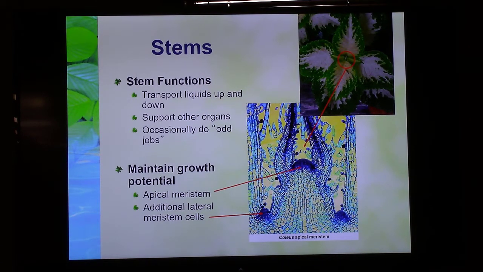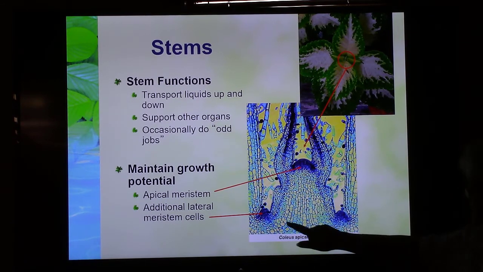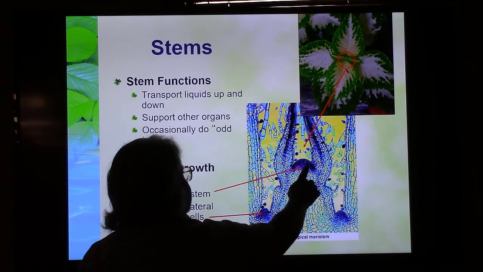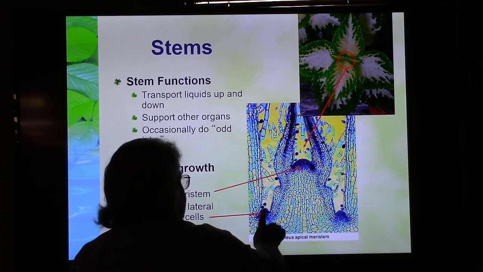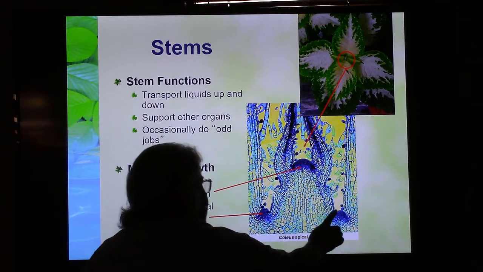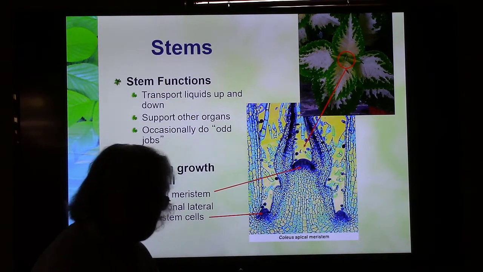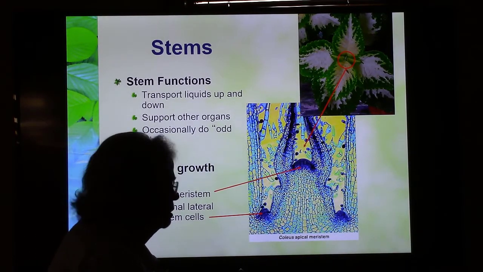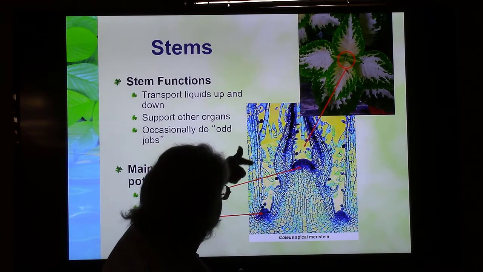Now, there's a picture of a coleus. If we took our coleus and sliced open that very tippy top end and put that under the microscope, this is what we'd see. We'd see the stem, and right at the very tippy top and at the base of each leaf, the cells are much smaller than out here.